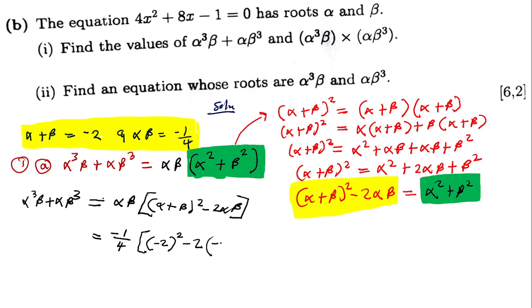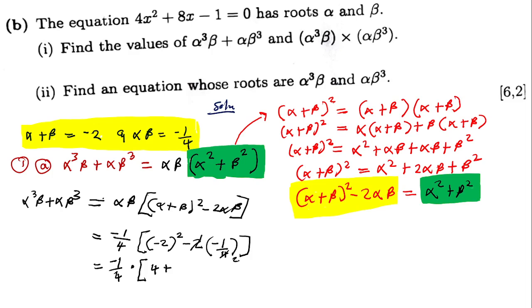With that being done, you can simply say -1/4 dot, what is inside, -2 squared is simply 4, and then you have plus, because negative times negative is positive, then 2 there, 1, 2 there, 2, then 1/2.